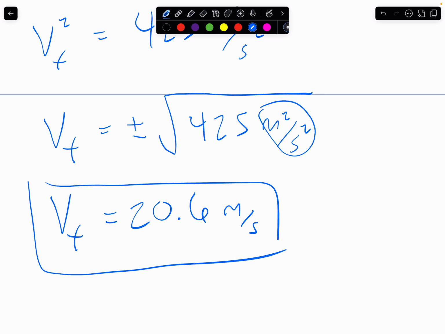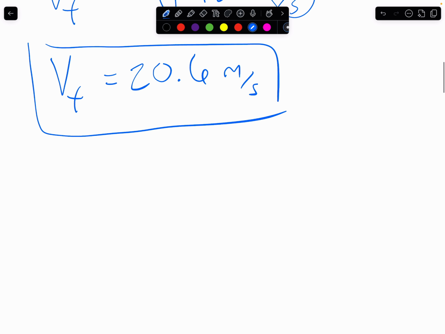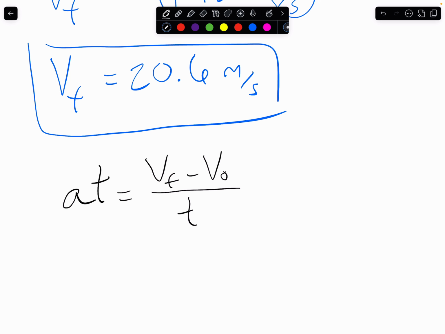Now I can use this to find the time. I have this other expression we use, which is the definition of acceleration: a is V final minus V naught over t. To get t by itself, multiply both sides by t, divide both sides by a, and that cancels the t over here and cancels the a over here.